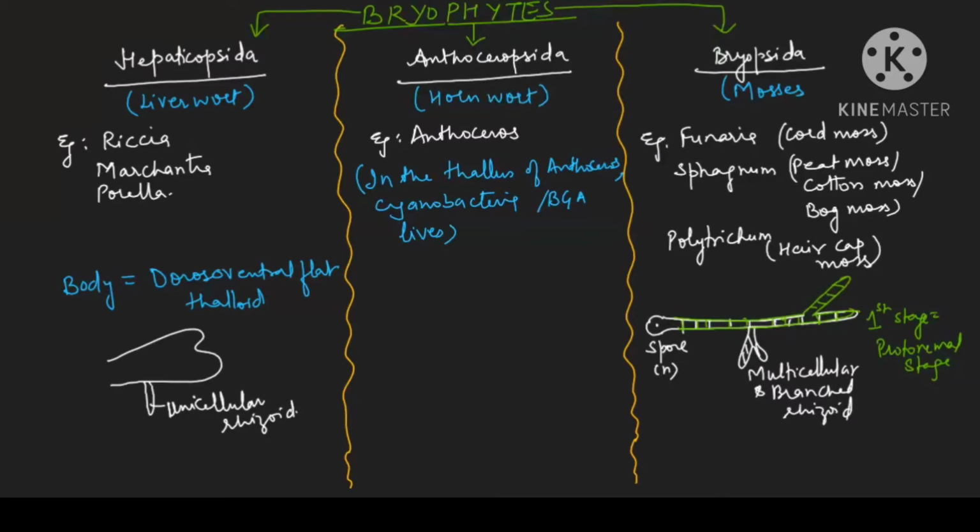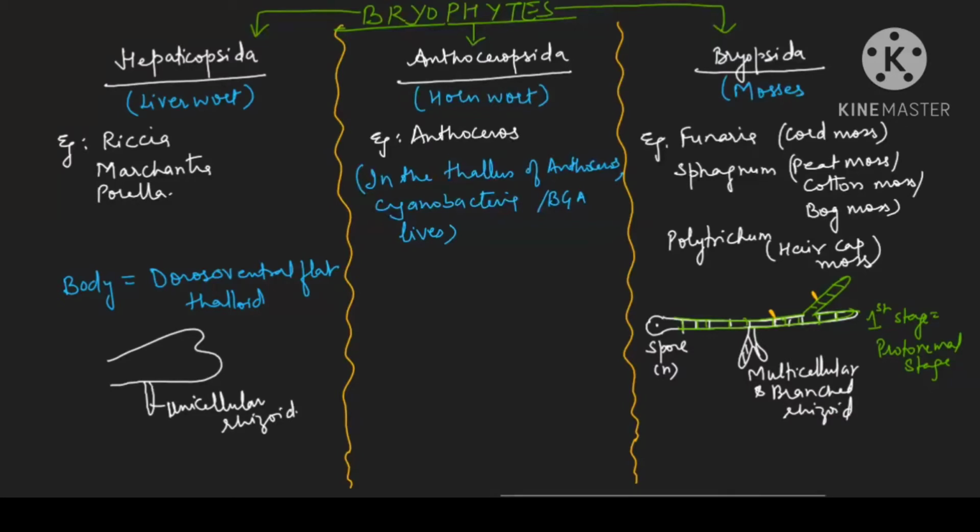I hope the comparison is clear to you up to here. There the body will be thalloid, but here the body will have first the protonemal stage and second the leafy stage. These are the buds present on them, and these buds will develop into the leafy stage. They are present either on the primary protonema or the secondary protonema.